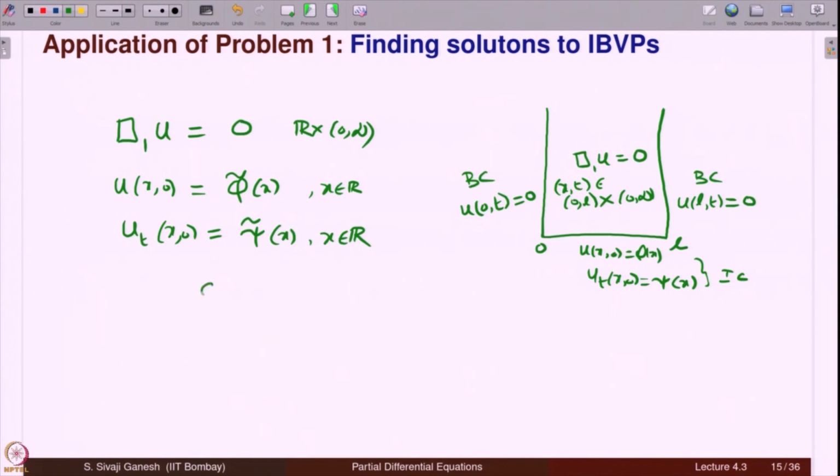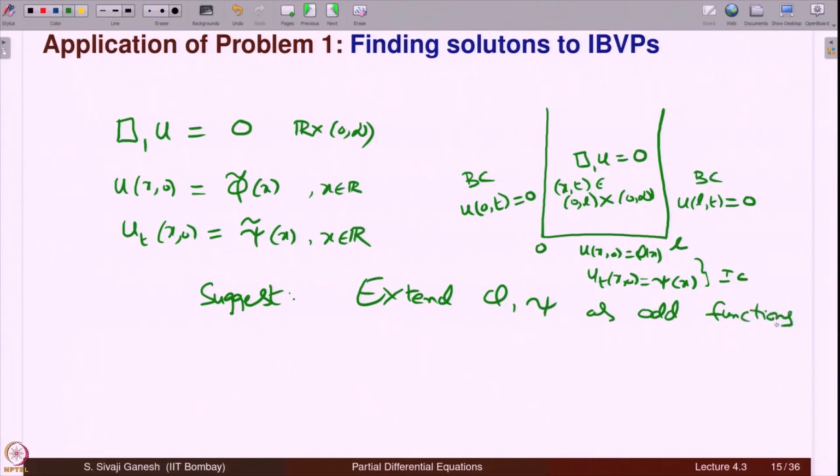So, this suggests extend phi and psi as odd functions. Okay. So, this problem 1 actually gives us an idea of solving initial boundary value problems. So, extend them as odd functions so that the solution will be odd, so that u(0, t) is 0 is satisfied.